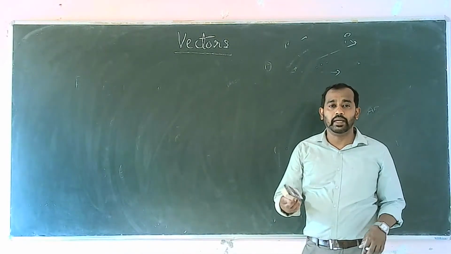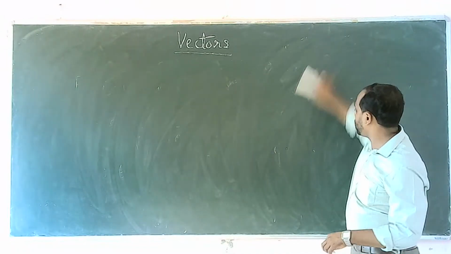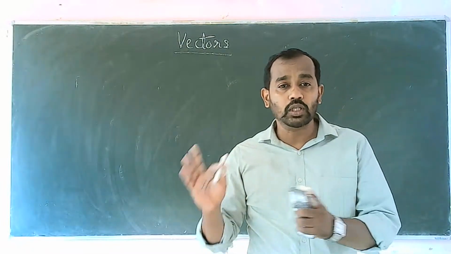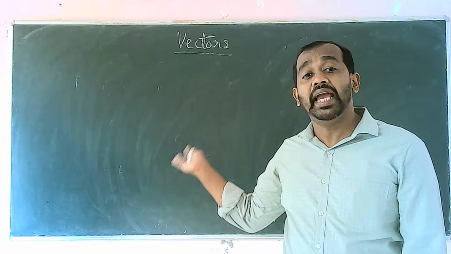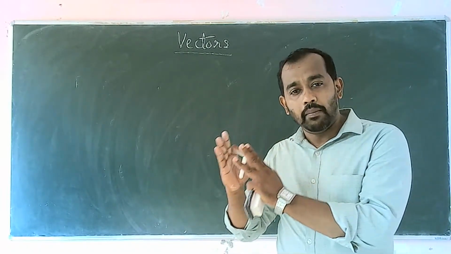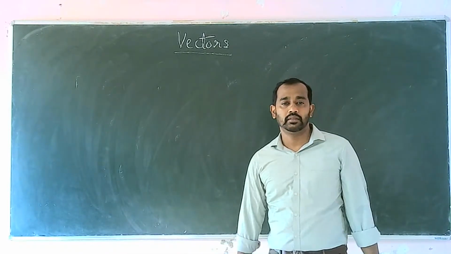But before jumping into the multiplication of vectors, we need to discuss some parts about vectors. Since a vector has both magnitude and direction, we can write any vector as a product of its magnitude and its direction. How do we do that?